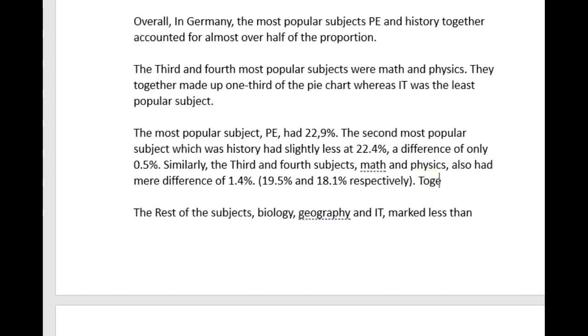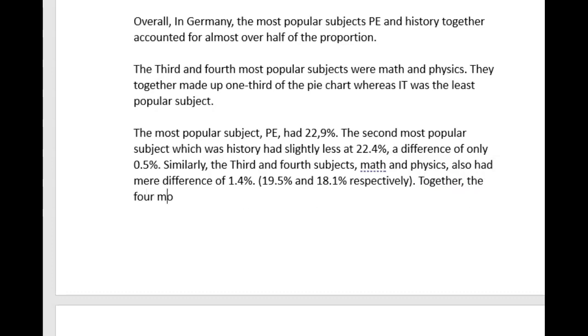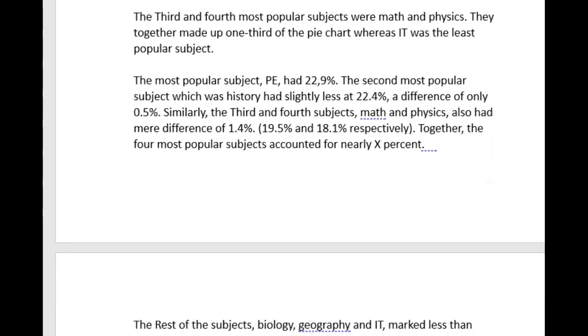So together, the four most popular subjects accounted for nearly, there he is. Okay. So again, you're just linking them all together. You're adding a little information. You're giving it a little more emphasis. So this is the kind of thing you want to do.